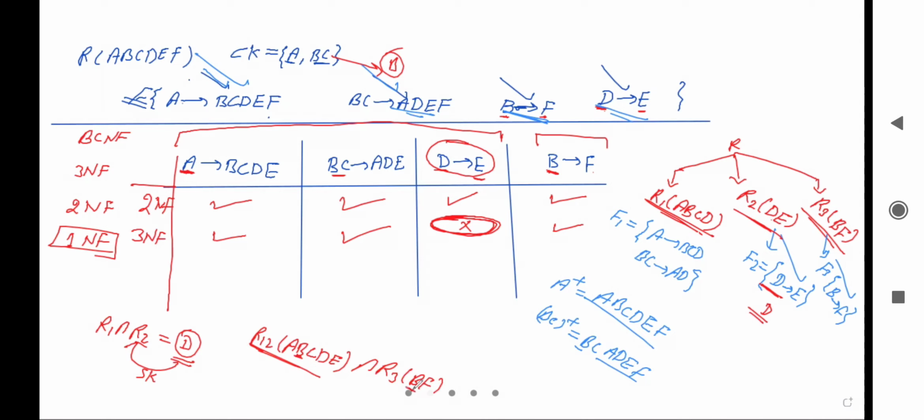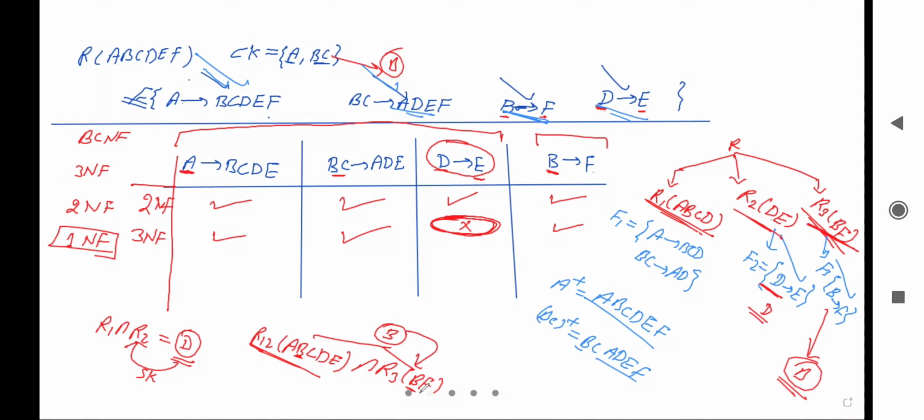B is the common attribute, right? After intersection, the common attribute is B. Now check whether B is the super key of any of these. Yes, B will be the super key for R3, because B goes to F. So B becomes the super key for this one.